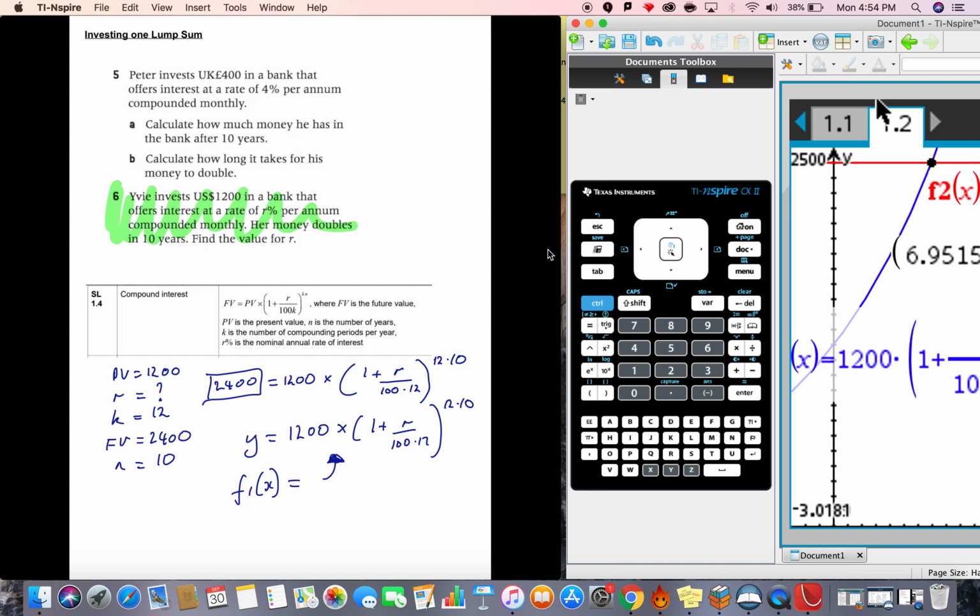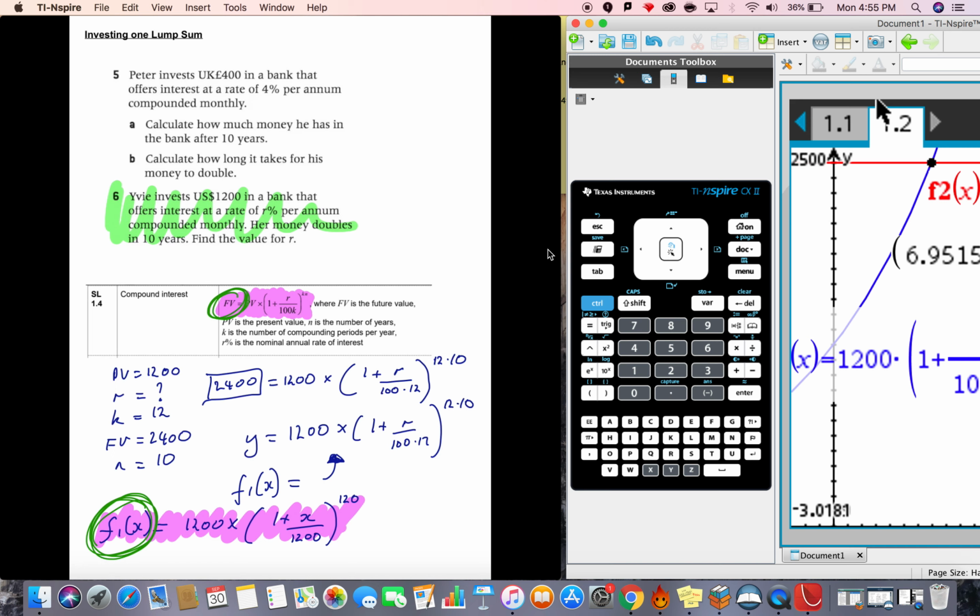So, recap: we plot f1 of x equal to 1200 times 1 plus x over 100 times 12, to the power of 120. If you compare this function with the compound interest formula, on the y-axis we are plotting the final value.